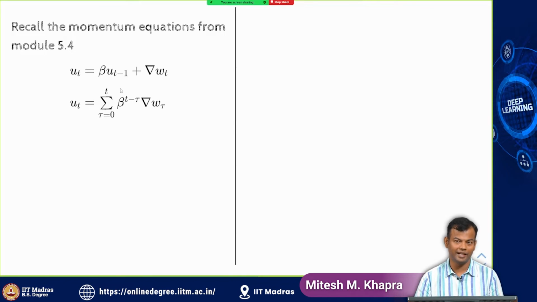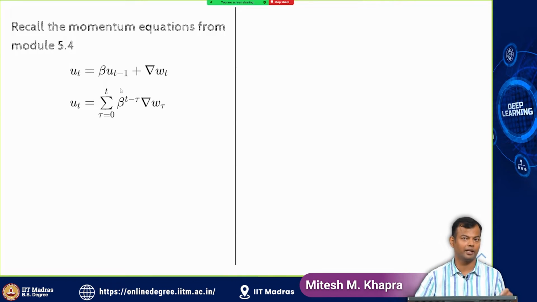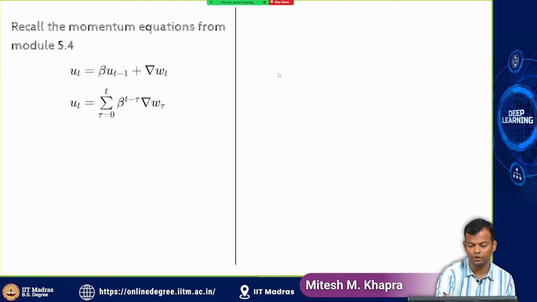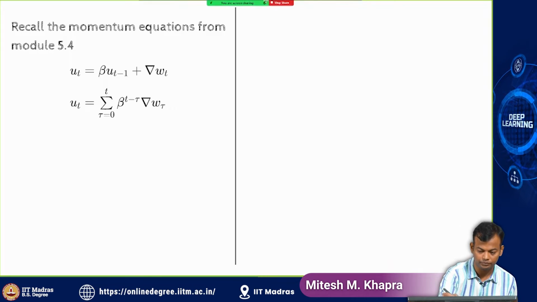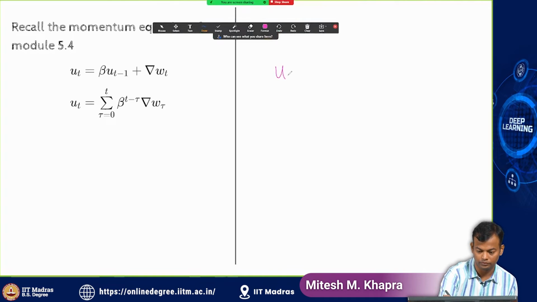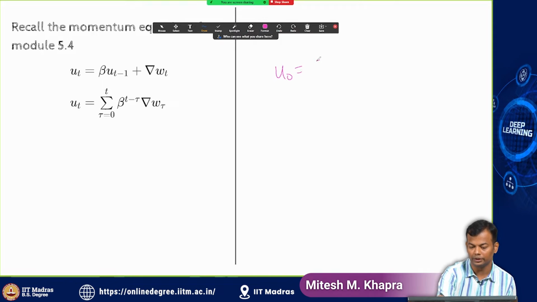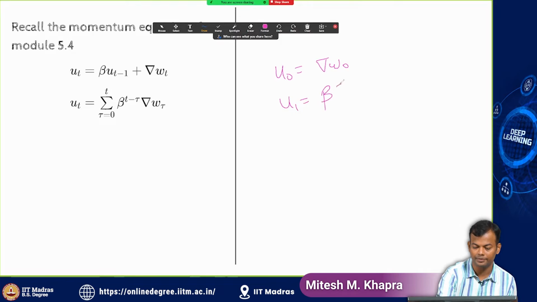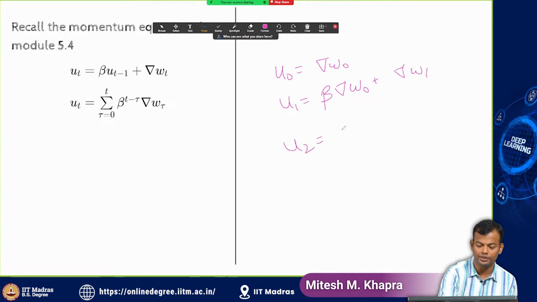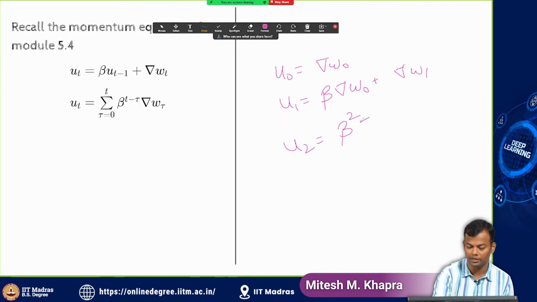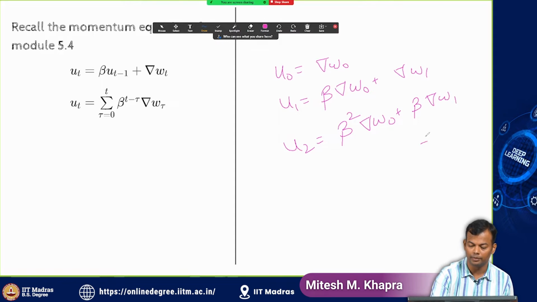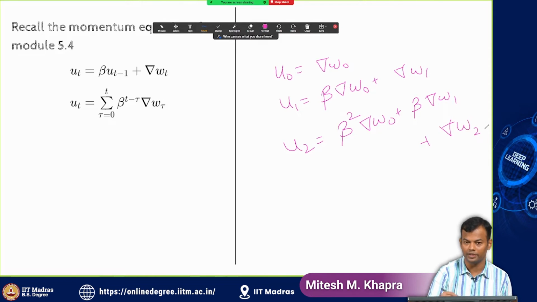Now, when we had expanded out those equations, you can go back and check those videos. We had written it as u0 is equal to delta w0, u1 is equal to beta times delta w0 plus delta w1, then u2 is equal to beta square times delta w0 plus beta times delta w1 plus delta w2, and so on, right?